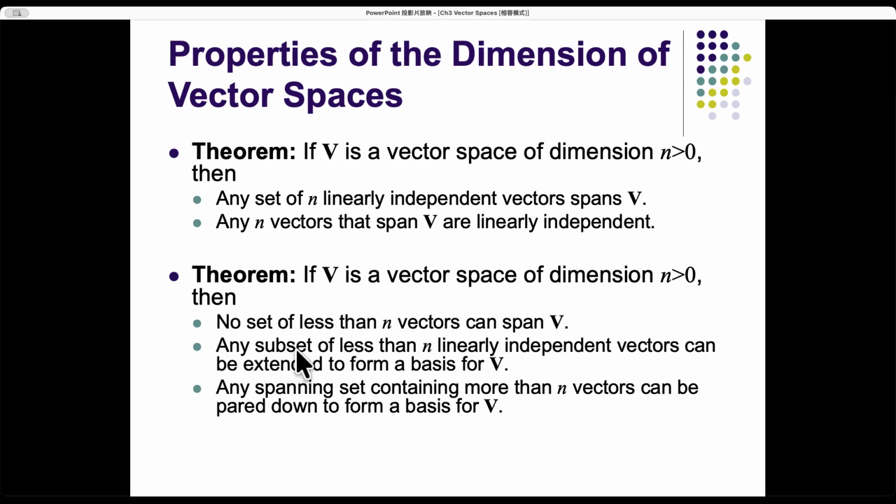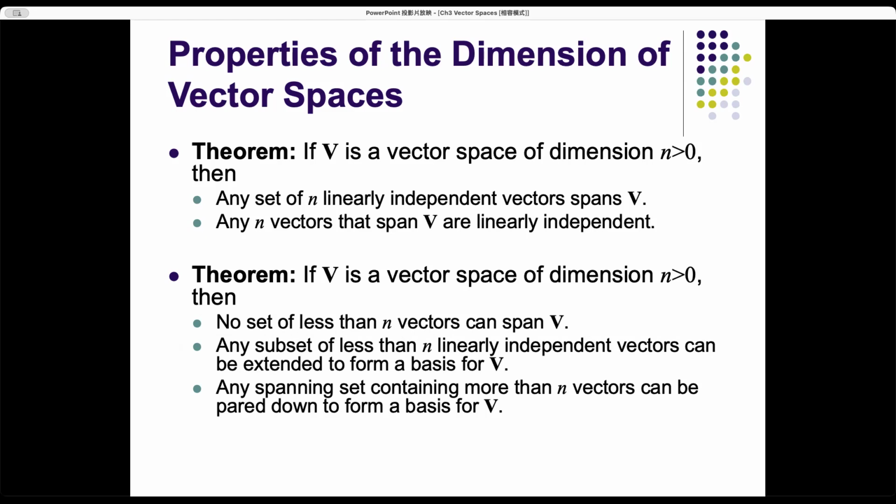And any subset of less than n linearly independent vectors can be extended to form a basis for V. What does that mean? If it has less than n vectors and they are linearly independent, first, we know they cannot span V, right?